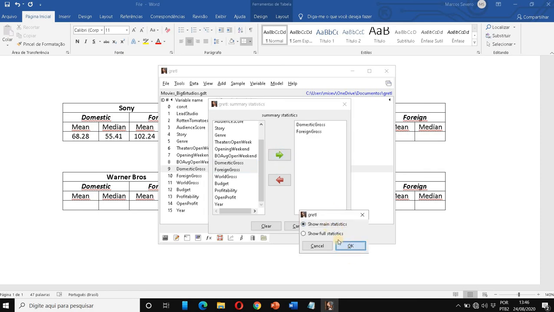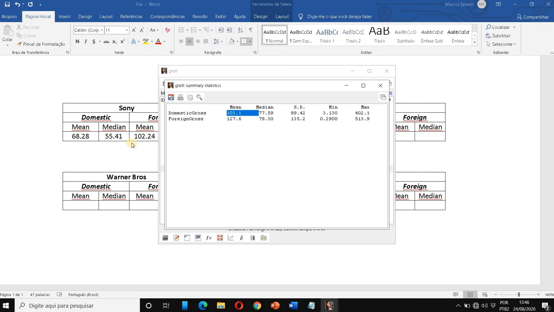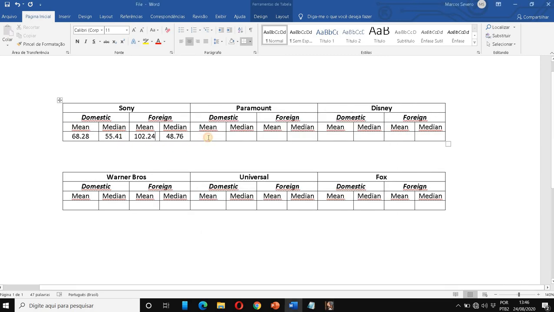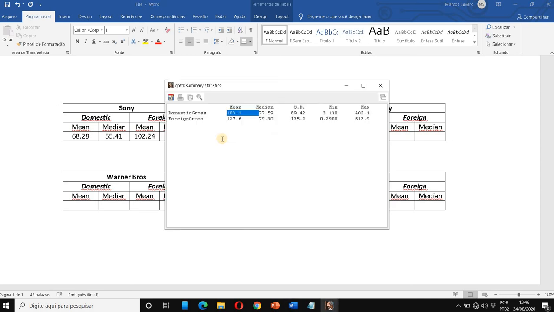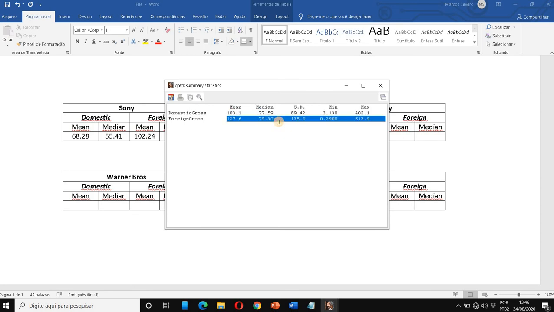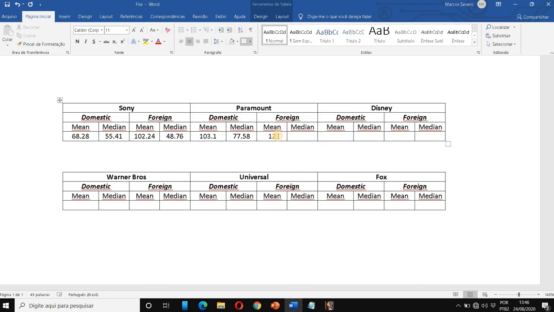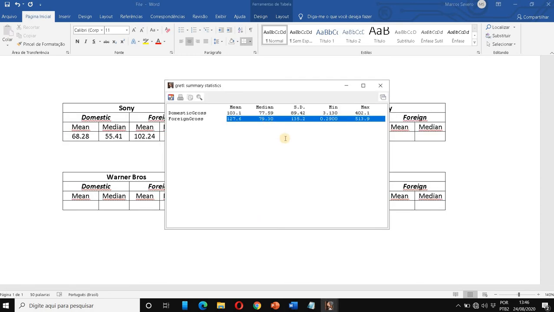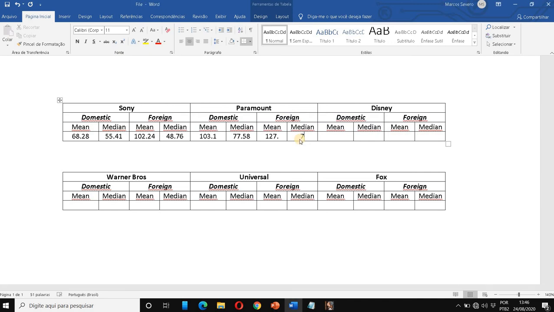And show main statistics. So I have here, okay? So the mean for Paramount is 103.1. The median is 77.59. And for foreign, 127. And the median, 79.30.